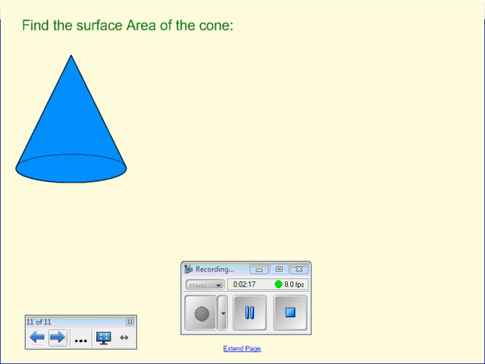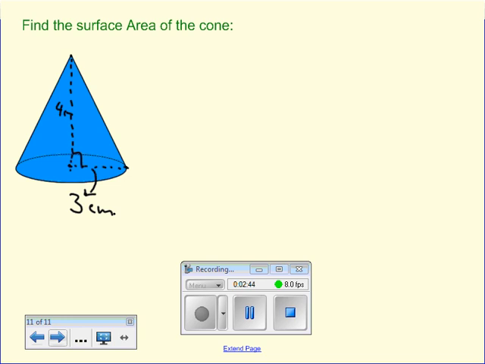So let's say I have this cone here. And this cone has a radius of 3 centimeters. It also has a height from the center to the vertex of 4 centimeters.